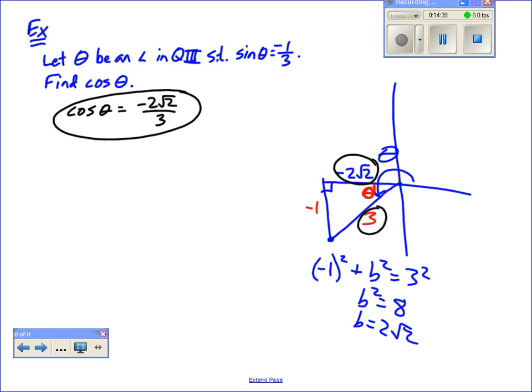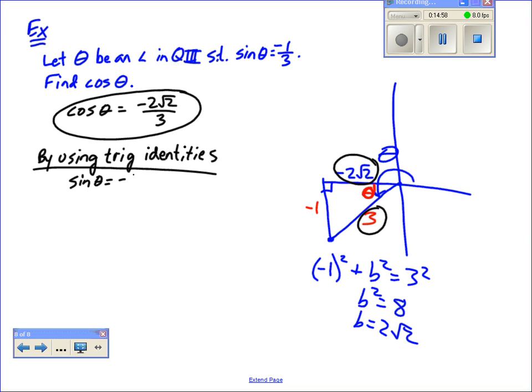Okay. Now what if they asked you to do this exact same thing, but by using trig identities instead? They say, well, I know that the sine of theta is negative 1/3, right?